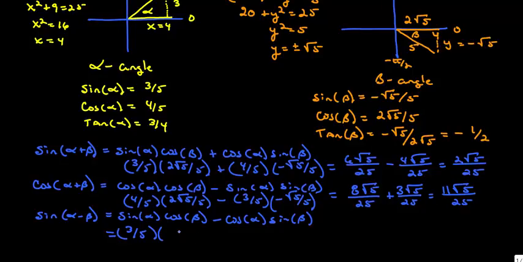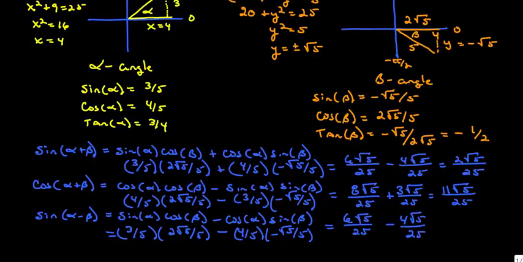Cosine beta is 2 root 5 over 5. Cosine alpha is 4/5. And sine beta is negative root 5 over 5. So this is going to give me 6 root 5 over 25 minus 4 root 5 over 25. Actually, plus, because it's minus and negative, so I've got to change that to plus.